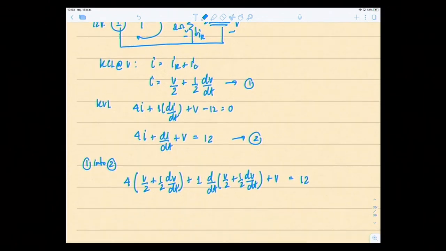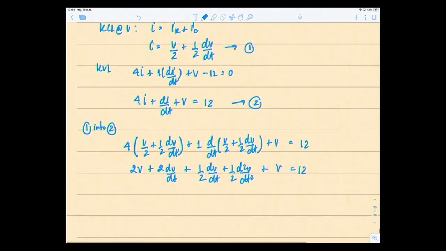So you have to do the math, right? You get 2V plus 2 dV/dt plus a half dV/dt plus a half d²V/dt² plus V equal to 12, right?